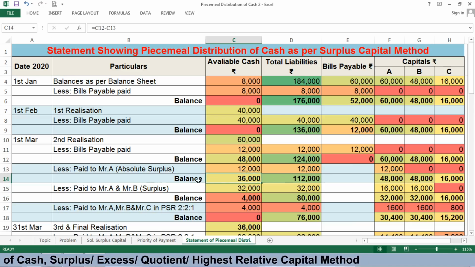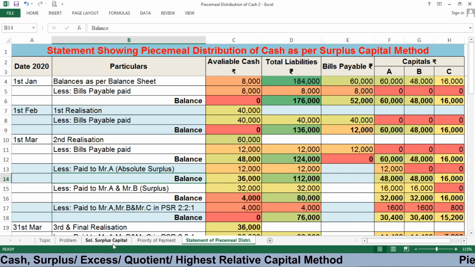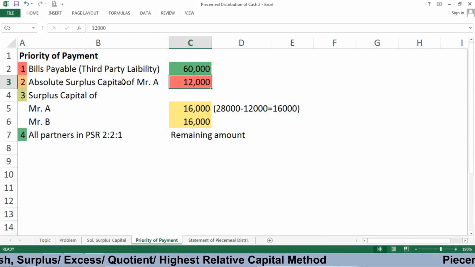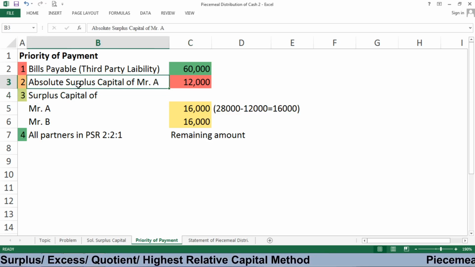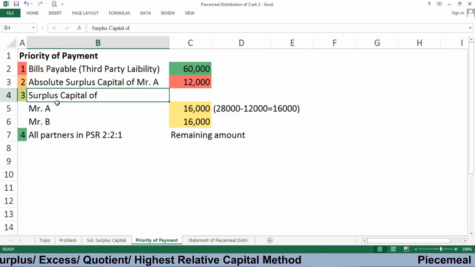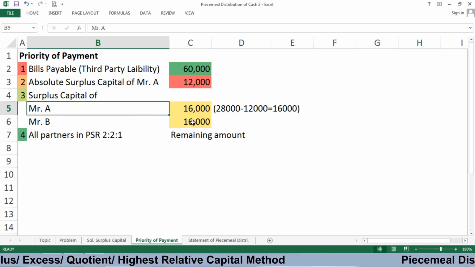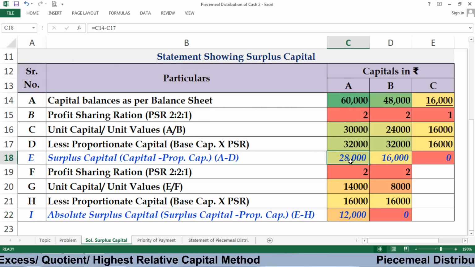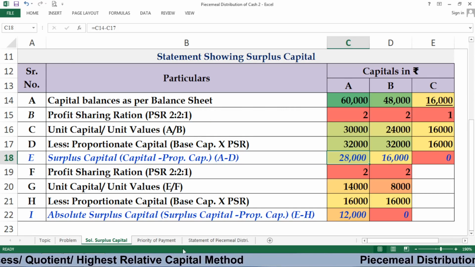Okay, now we can pay 36,000, but in our second step of priority of payment, after the payment of absolute surplus capital, we have to pay surplus capital. The surplus capital of Mr. A is 16,000, Mr. B is 16,000. Actually, in the surplus capital statement, the surplus of Mr. A is 28,000 and B's surplus is 16,000.